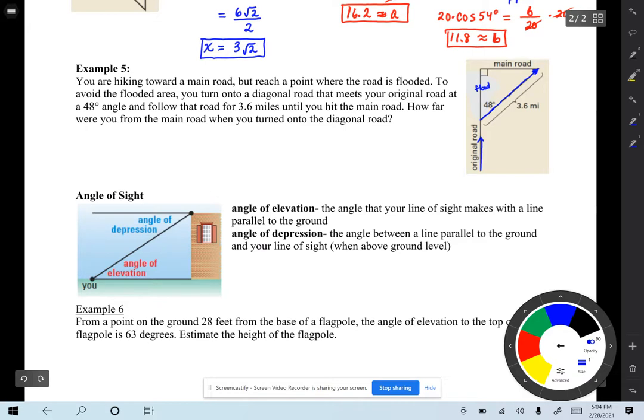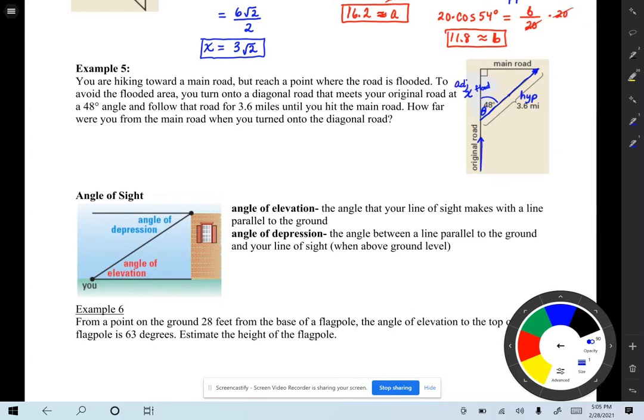How far were you from the main road when you turned onto the diagonal road? So you want to find this length right here. And so let's label what we know. We know this is a hypotenuse because it's directly across the 90-degree angle. You're looking from this perspective, so call this theta. And therefore, we want to know the adjacent side next to theta. We don't care about the opposite side.